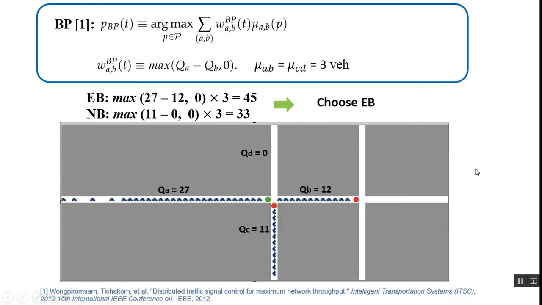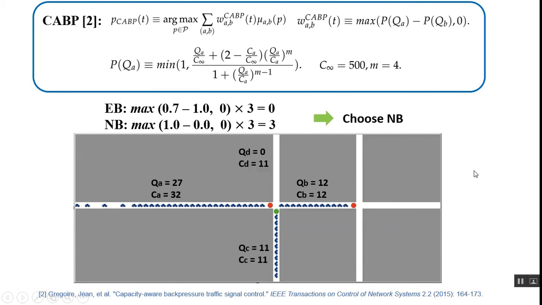So we will then look at the CABP. CABP outputs the phase which maximizes omega AB times mu AB, while here omega AB is no longer the max of QA minus QB and 0, but instead it's PQA minus PQB.